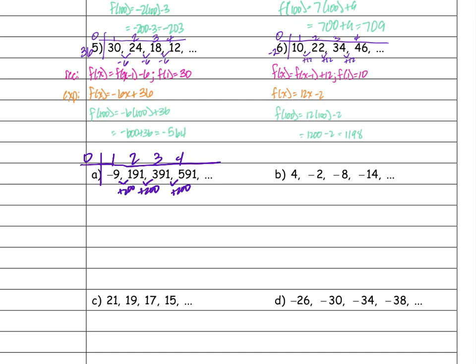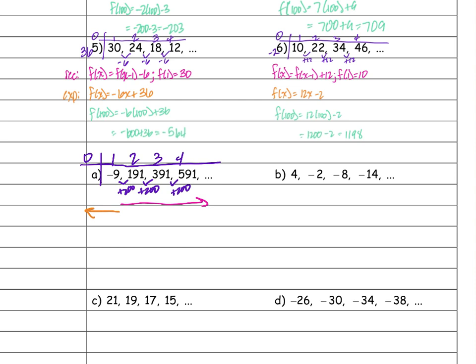And so my 0th term is going to be, the way I think about this, if I'm adding 200, I'm going up. So if I go back to my 0th term, I'm going to do the opposite of add. If I'm going this way, I'm adding, but if I go this way, I do the opposite of add, which is subtract 200.